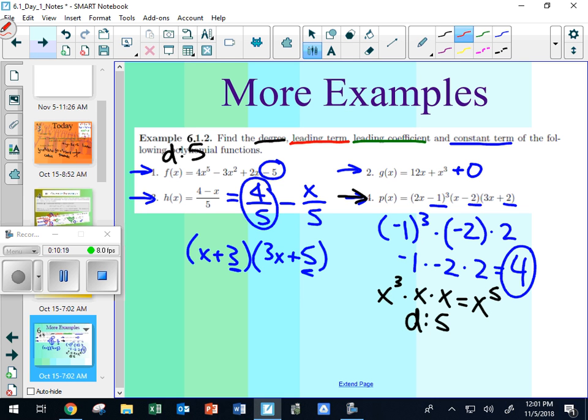Our leading term then is just the entire term that has the degree in it. So for this first example, we know the degree is 5. So this right here is the leading term. It would be the entire thing. So it would be 4x to the 5th.